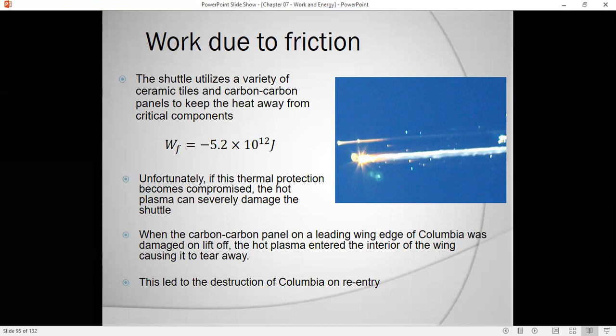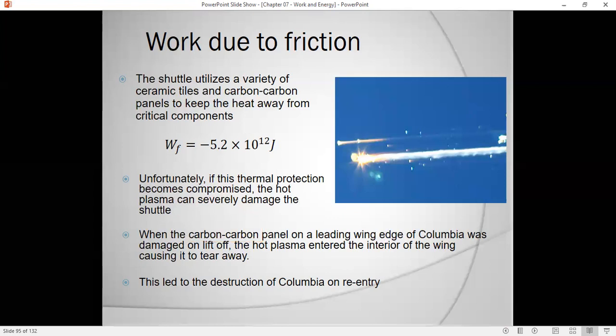This punched a hole in the carbon-carbon panel on one of the wings, and all of a sudden, this superheated plasma with all this energy was making its way into the wing and basically destroyed the wing, and eventually this led to the destruction of the shuttle.